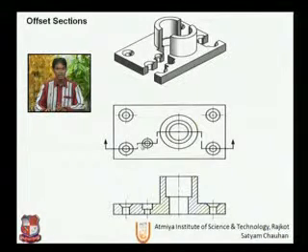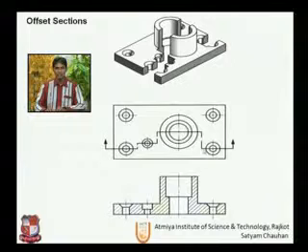So this is a bit odd shape. In order to see this shape, we cut this part with an imaginary plane that passes from this to this, then the major cylindrical part, and then from this hole to this hole, and we are giving it an upward direction.